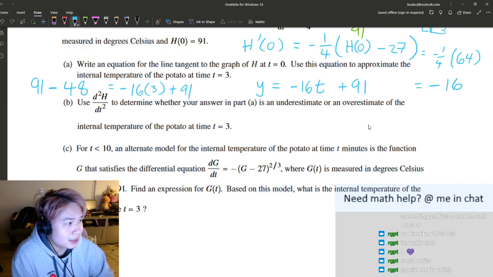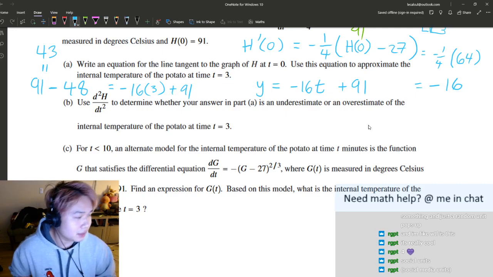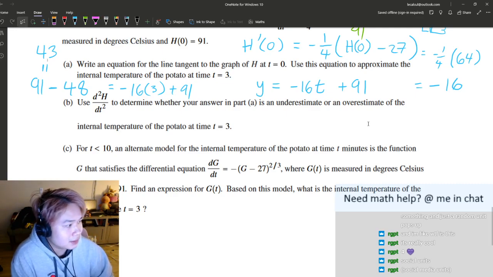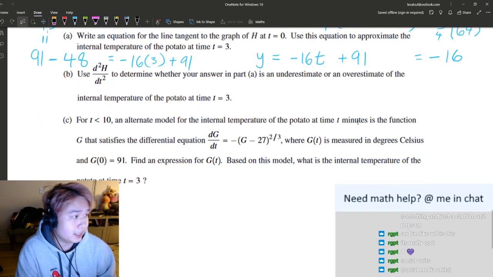And then 91 minus 48 is 43? So this potato is 43 degrees after 3 minutes? Sure, let's just go with that.